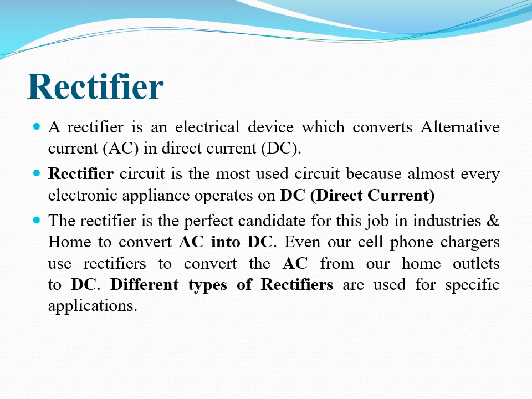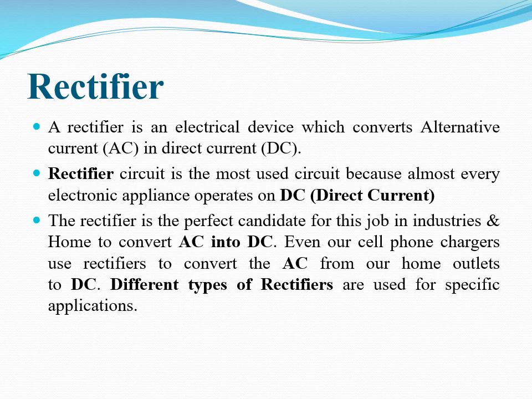Now the next topic is rectifier. A rectifier is an electric device which converts alternating current, meaning AC, into direct current, meaning DC. So basically a rectifier converts AC into DC. The rectifier circuit is the most used circuit because almost every electronic appliance operates on DC, meaning direct current.